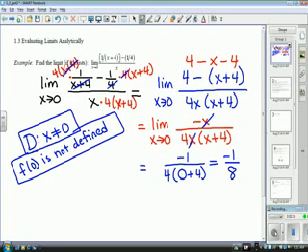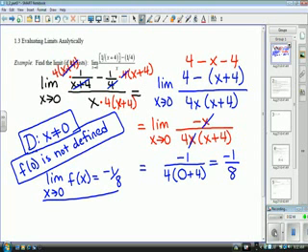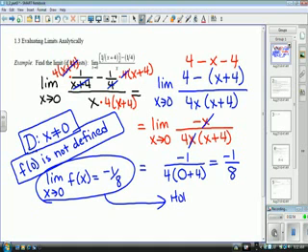But if I do this limit at 0 for that function, and I get negative 1/8, what does all of that put together mean? There is a hole where? There is a hole at 0, negative 1/8. That is the entire reason why we do this.